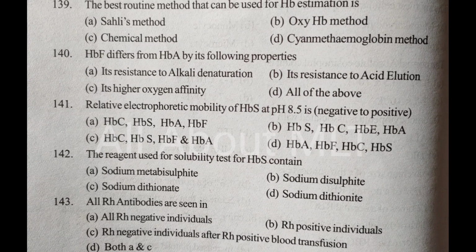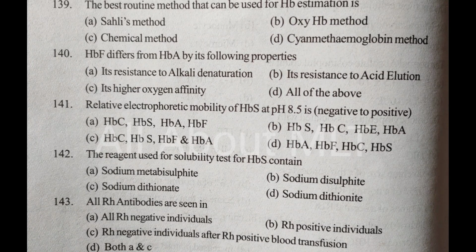And the answer is option A HbC, HbS, HbA, HbF. The reagent used for solubility test for HbS contains option A sodium metabisulfite, option B sodium disulfite, option C sodium dithionite, option D sodium dithionate. And the answer is option C sodium dithionite.